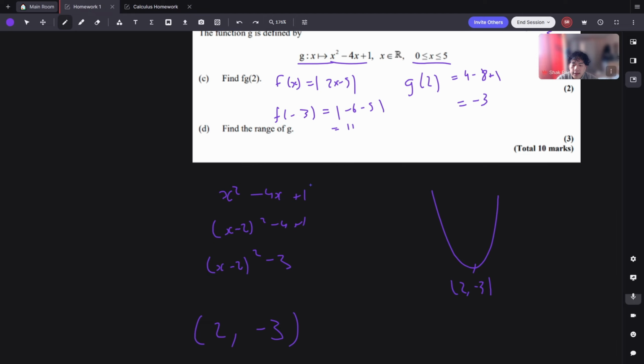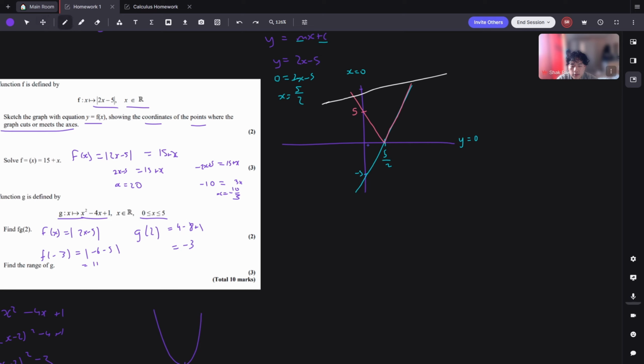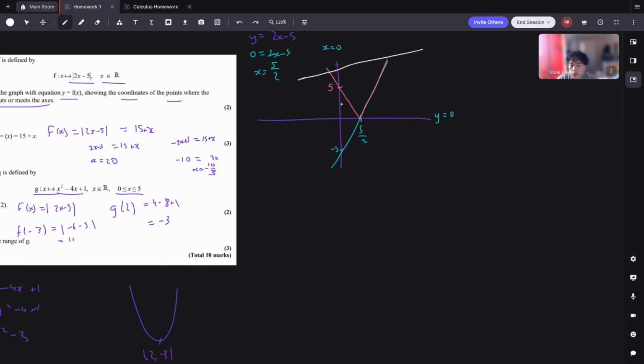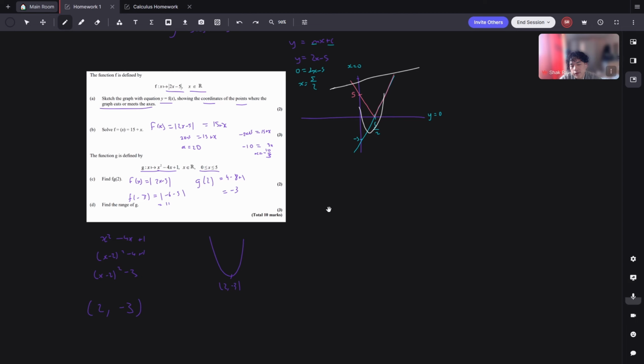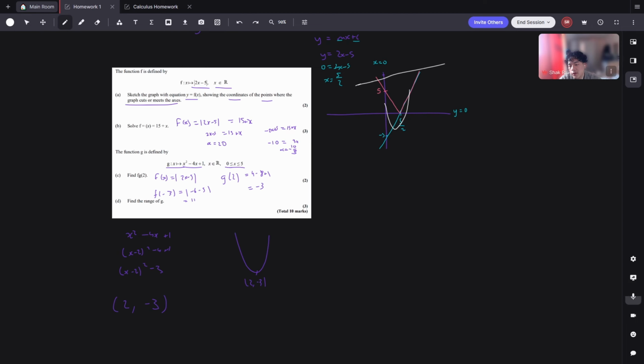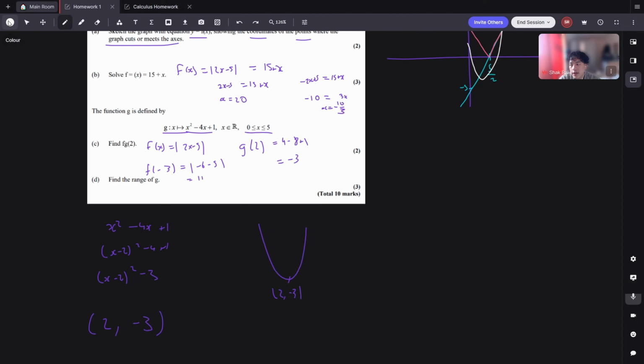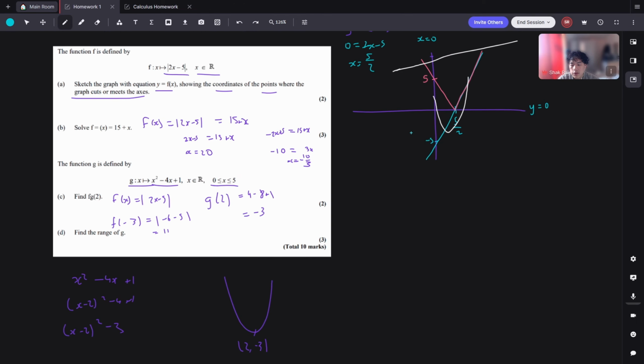And I know for a fact that it has the y-intercept at 1. So if it was on the graph here, it probably looks something like this, with 2, minus 3 like that. Cool. And then from there, we don't need to find the roots because there's no point. We just need to find the range of g, which just means the values of y. So 0 and 5.